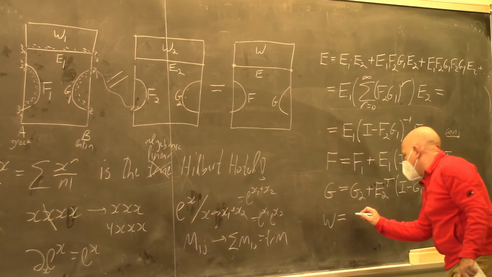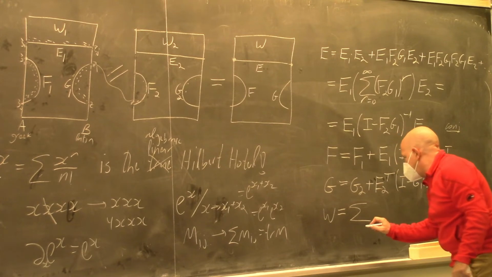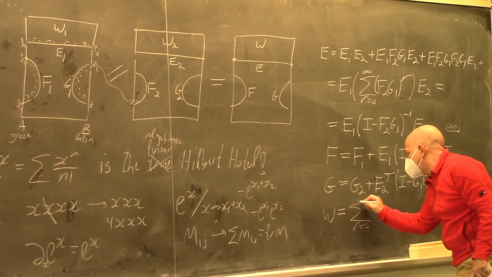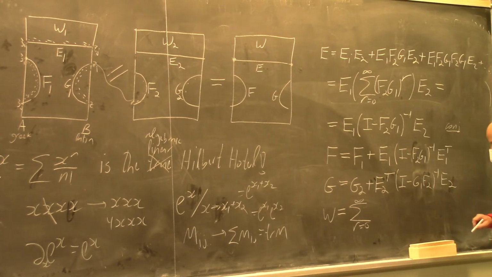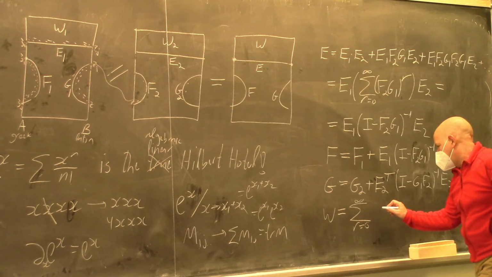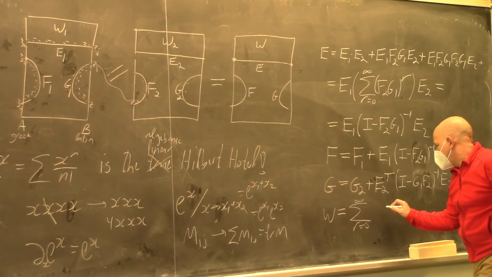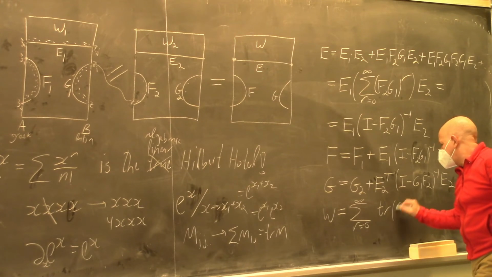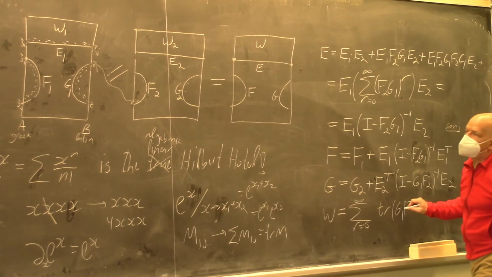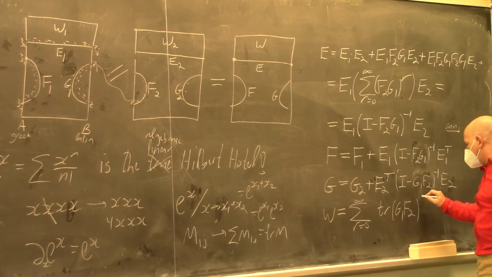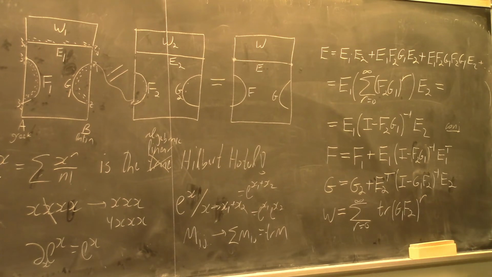So here we will have the sum as R goes from 0 to infinity of, what will it be? The trace of (G1 F2) to the power R.